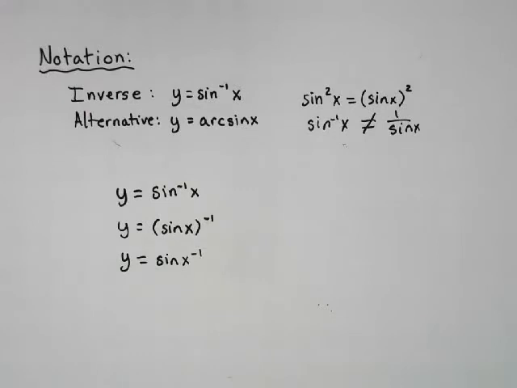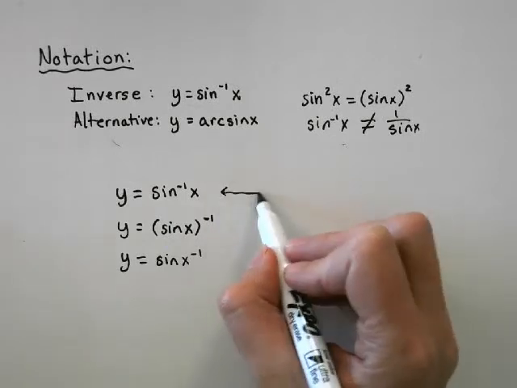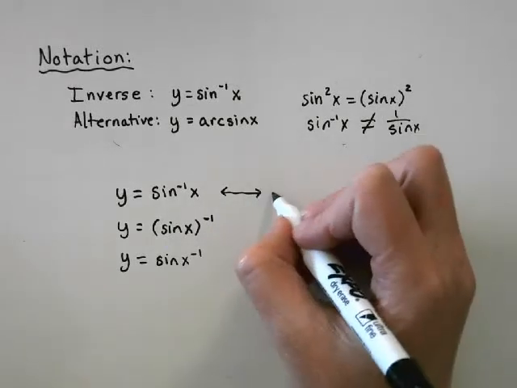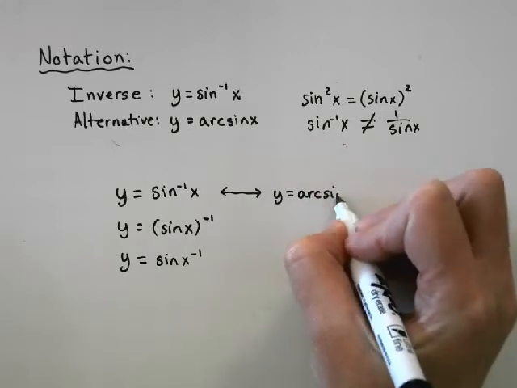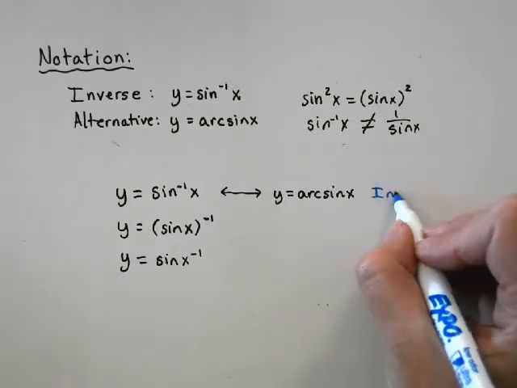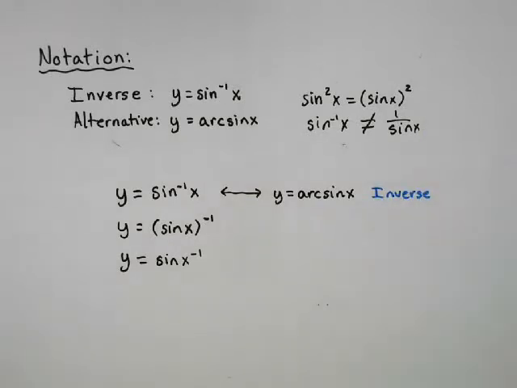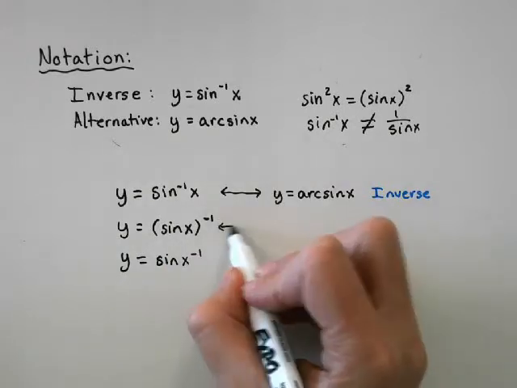So I have 3 statements here involving sine and a -1 exponent. This first one, sine to the -1, is again our notation for the inverse. So it's equivalent to y equals arcsine x, and this is the inverse. If it's written like this, it's going to be the reciprocal.